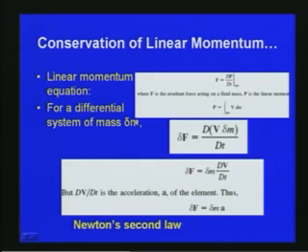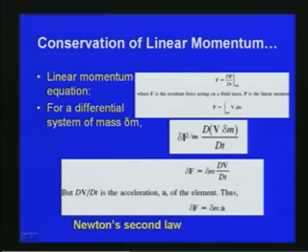And for a differential system of mass, with a mass of delta m, we can write delta F is equal to the derivative of V into delta m, that is the velocity multiplied by the small mass delta m. So here P is equal to the integral for the system of V dm, and delta F is equal to d by dt of V delta m for a differential system of mass, which we will generally consider while deriving the equation.